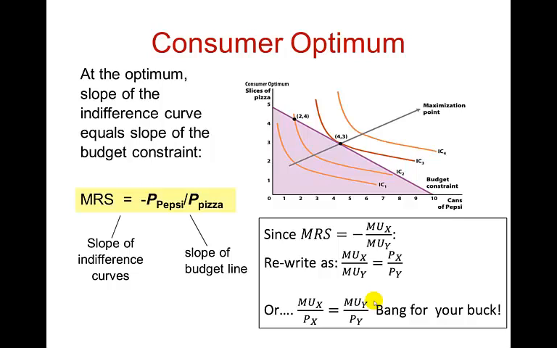And again, this describes what must be true when the consumer is maximizing their utility. So when this condition holds, that means that the budget constraint and the indifference curves are just tangent to each other, and the consumer is reaching the highest possible indifference curve that consumer can reach given that consumer's budget constraint.